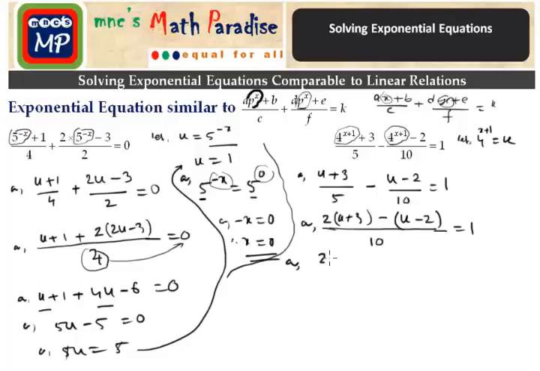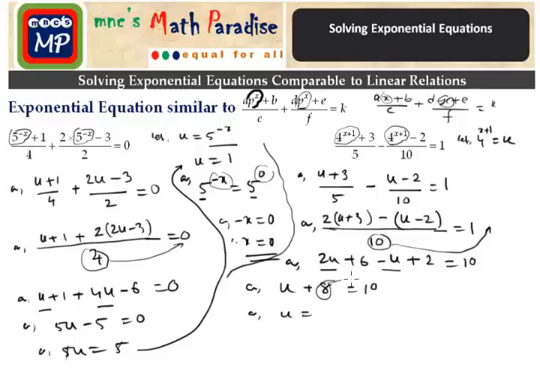So 2u, 2 times 3 is 6, minus u, minus minus is plus 2, and this 10 will be multiplied on the other side with the 1, so we will get 10. Therefore we are getting 2u minus u equals u, 6 plus 2 is 8, equals 10, or u equals, if we take this 8 to the other side, 10 minus 8, which is 2.